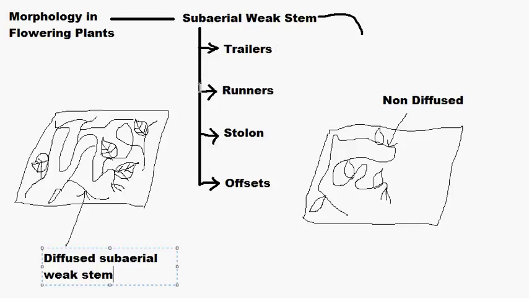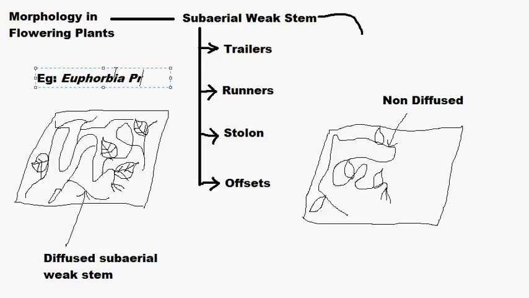What are the examples of diffused? Let me take another box. Okay, the example can be, the scientific name is, so beware, Euphorbia prostata.